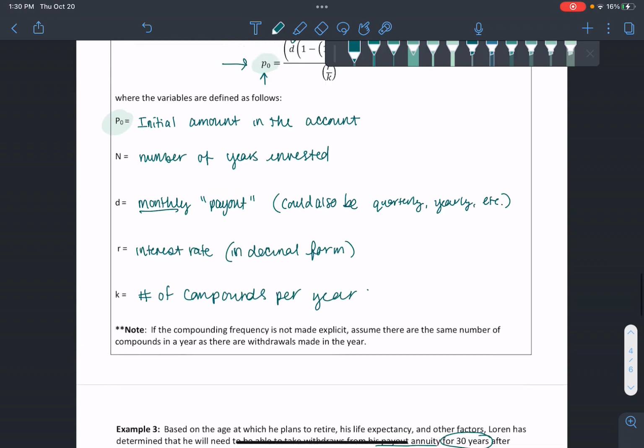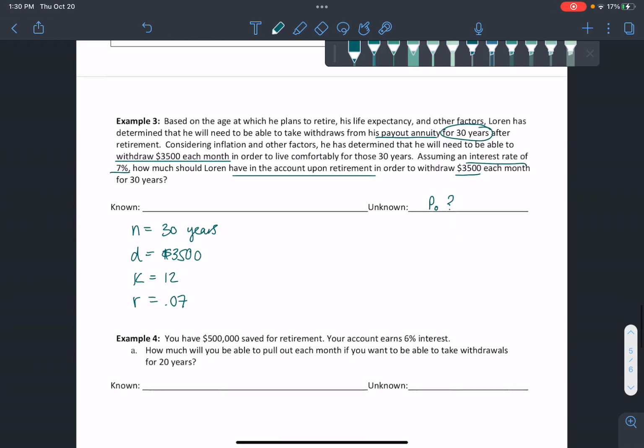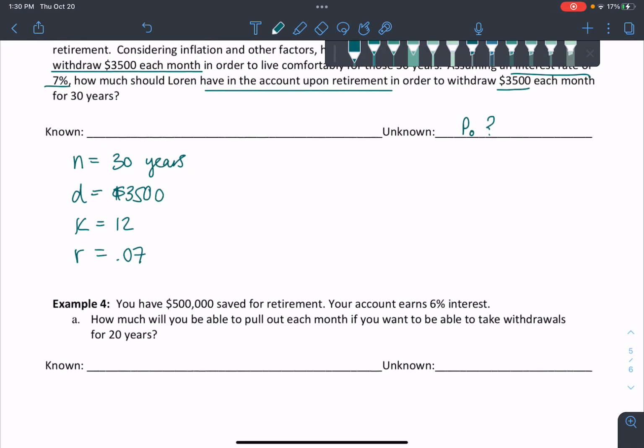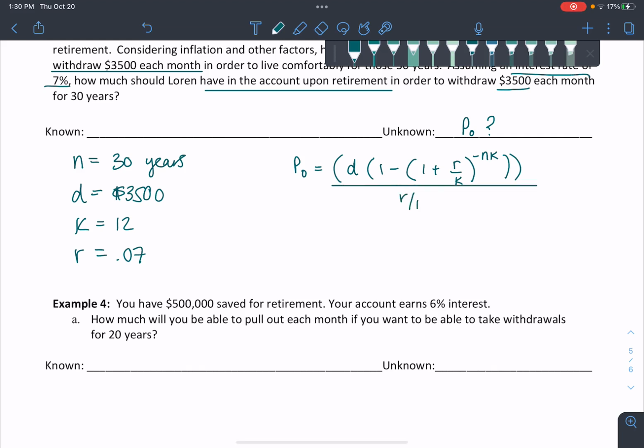So let's go back to the formula for a second. I'm going to write it out for us. P sub 0 equals D times parentheses 1 minus, parentheses 1 plus R over K, close parentheses, to the negative NK, close, all over R over K. All right, so let's fill it all in.